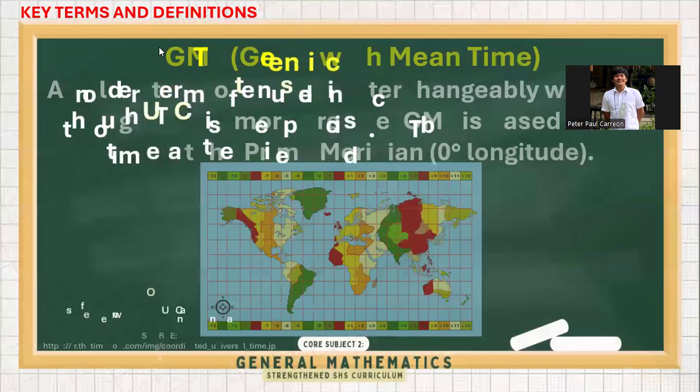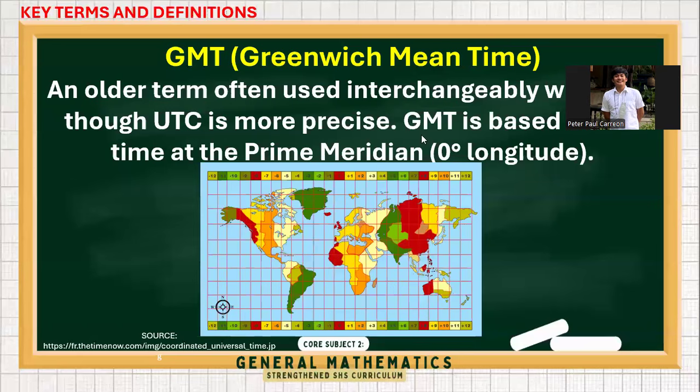But the UTC is more precise than the GMT because GMT is just based on longitude. And there might be confusion if we use the GMT because look at China. Since China is a large country, it might belong to different GMTs like +6, +7, and +8.